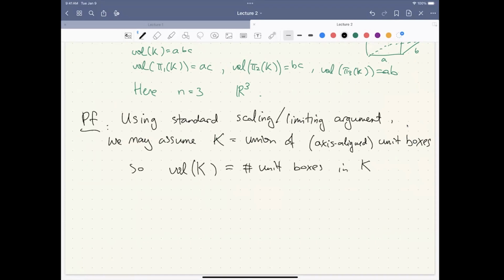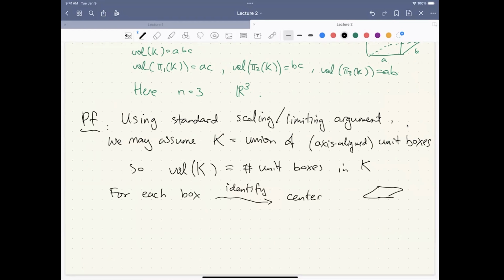Furthermore, we're going to identify each box or cube with its center. Each box has a center, and this is a 1-to-1 bijection.